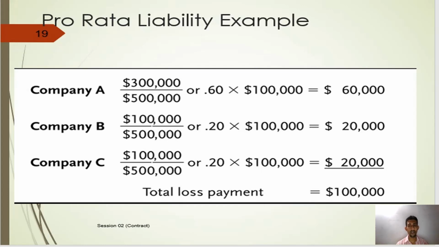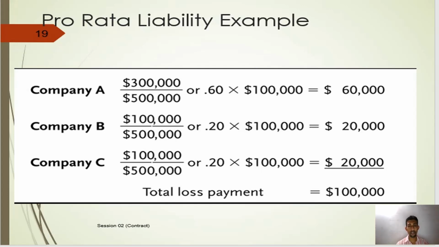But actually you made a loss of 100,000. So ideally you should receive a benefit of only 100,000, irrespective of whether you insure with 3 or 5 or 10 insurance policies. This follows the insurance policy principles, because otherwise it would generate a profit for the policyholder.